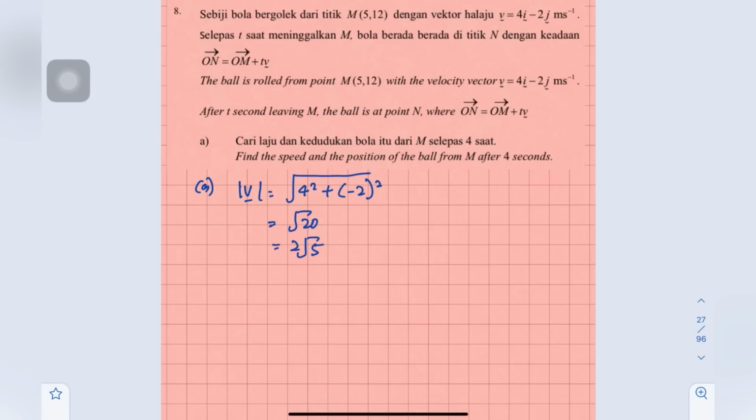Okay, so then to find the position vector, given point M is (5, 12), so we can find OM, which equals (5, 12).